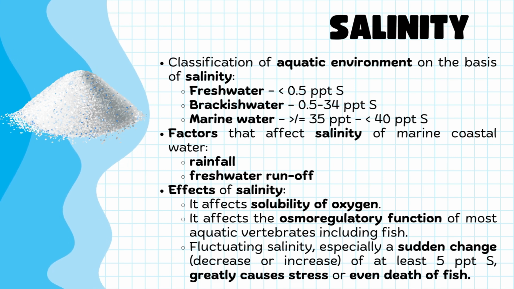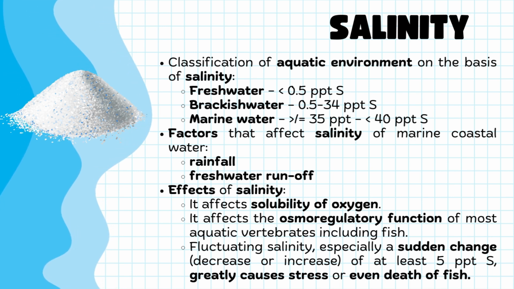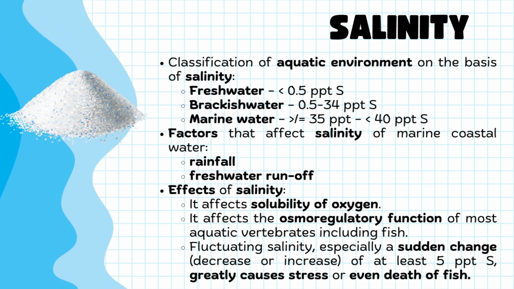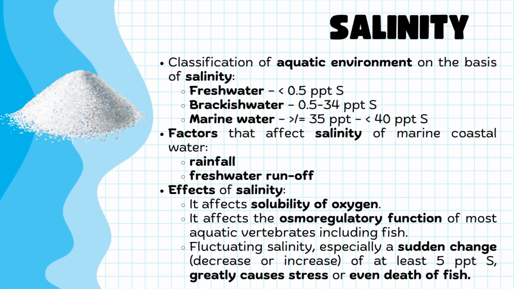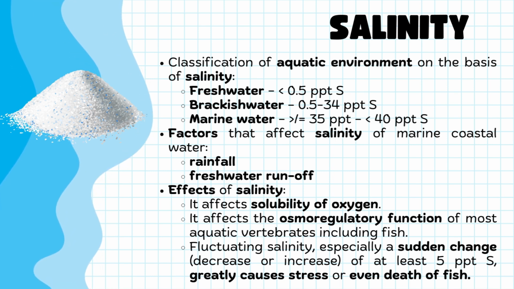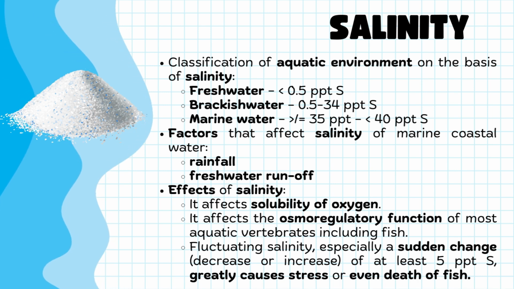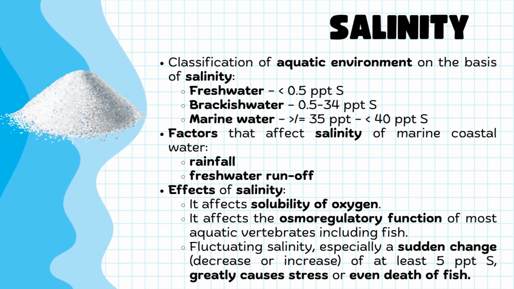Osmoregulation requires a significant amount of energy to maintain the fish body fluids to counteract the effect of the salt concentration of the habitat, which may lead to mortality. Fluctuating salinity, especially a sudden change such as a decrease or increase of at least 5 parts per thousand, greatly causes stress or even death of the fishes or other species.